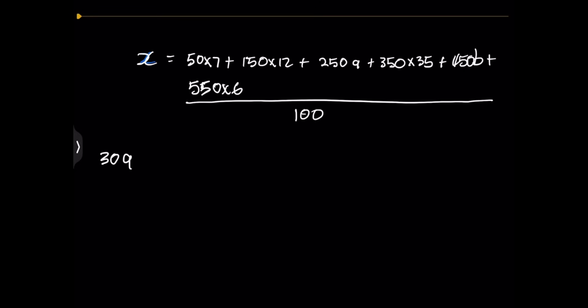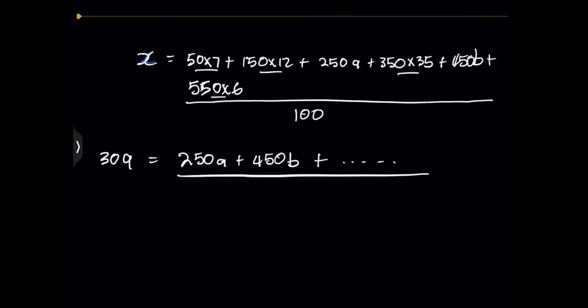So you'll take the sum of all of those values, 250A plus 450B plus the rest, divided by 100.